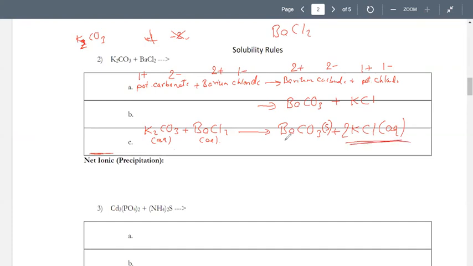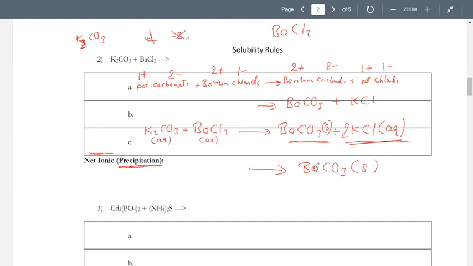We only have to show the solid one for the net ionic equation, because we're just going to show the precipitated one. So the next step, two ways you can do. Either you can just simply write barium carbonate over here, which is solid.